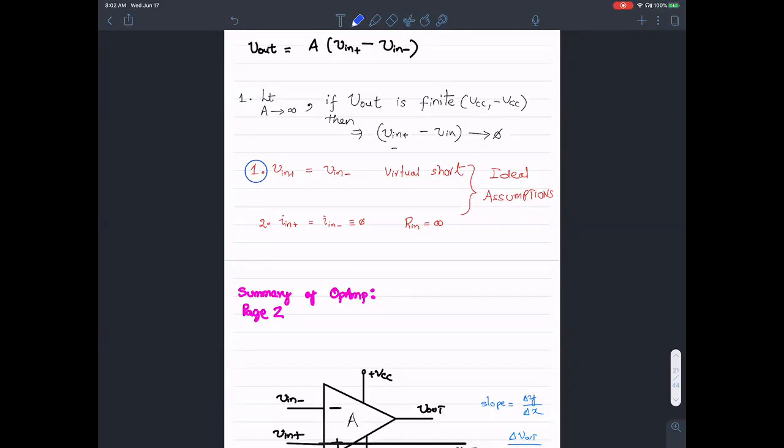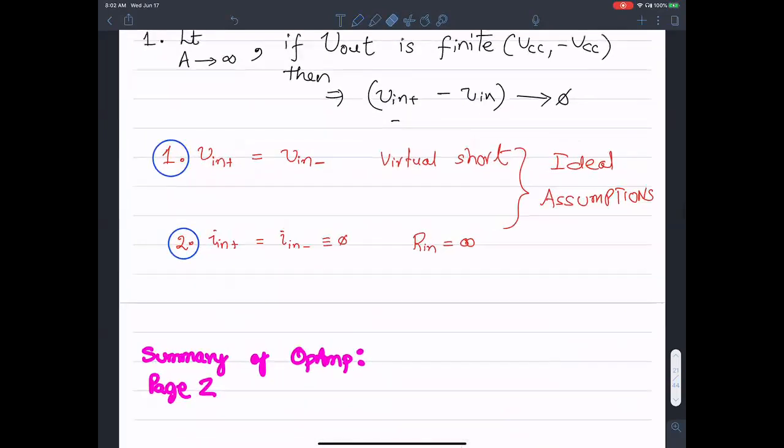That's called the virtual short. The second assumption is that the input resistance of the op-amp is infinity, meaning that the current going into the terminals of an op-amp is zero.